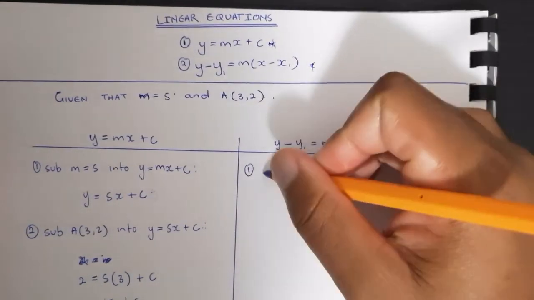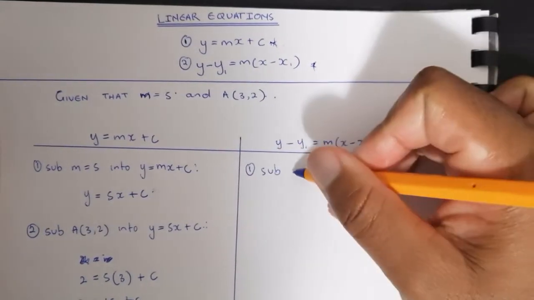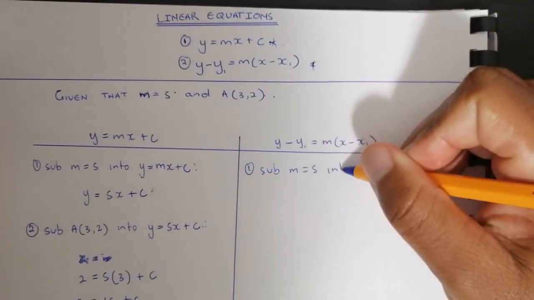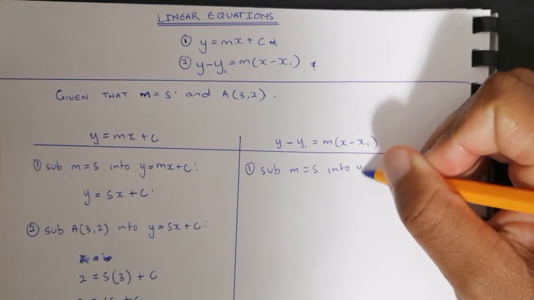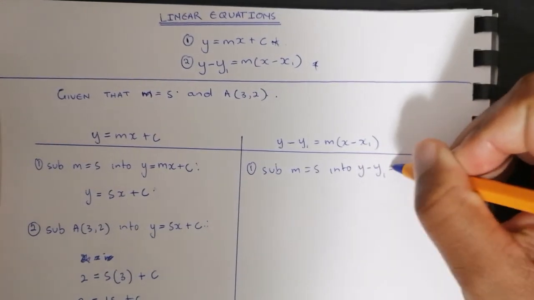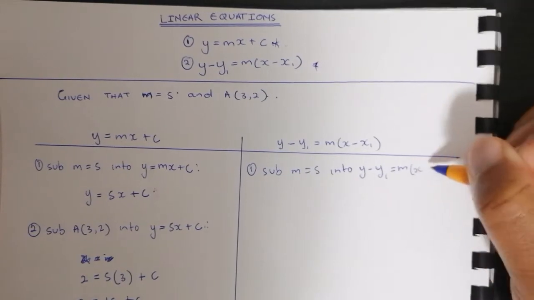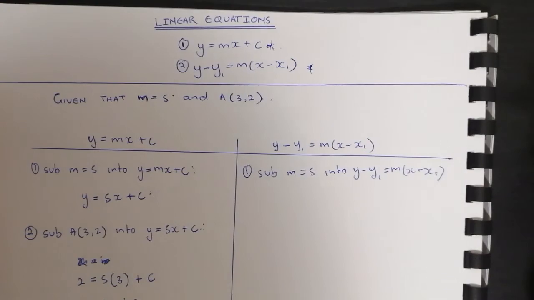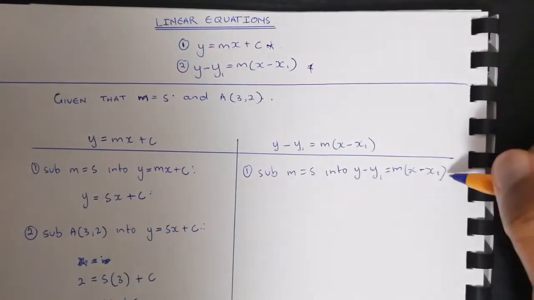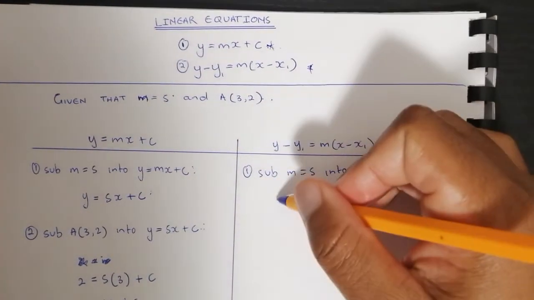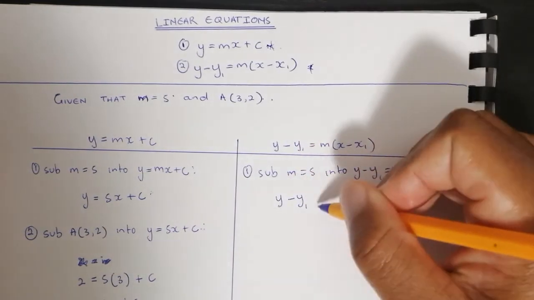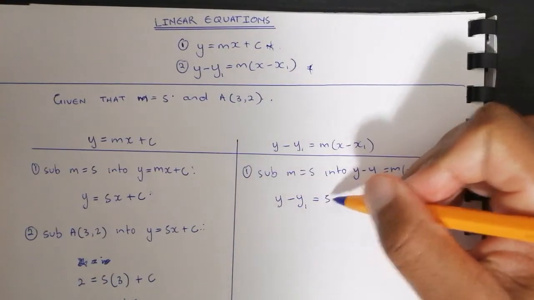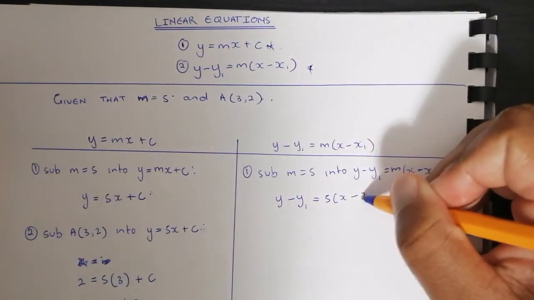So number one, we sub m equals 5 into our formula y minus y1 equals m times x minus x1. That gives us y minus y1 equals 5 times x minus x1.